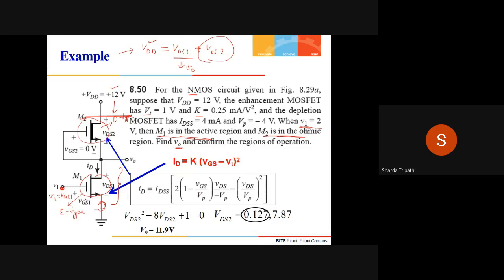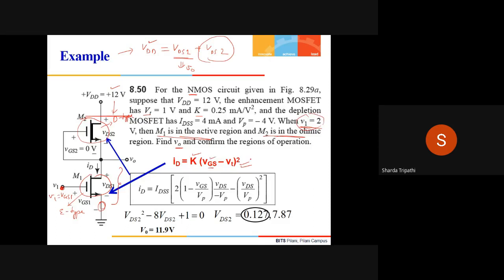For the bottom transistor, the enhancement type transistor, which is given to be working in the active region, we can straight away apply the formula ID is equal to K times (VGS minus VT) whole square. Here the value of K is given, equal to 0.25 milliamperes. VGS, we just identified, V1 equal to 2 volts is the same as VGS.